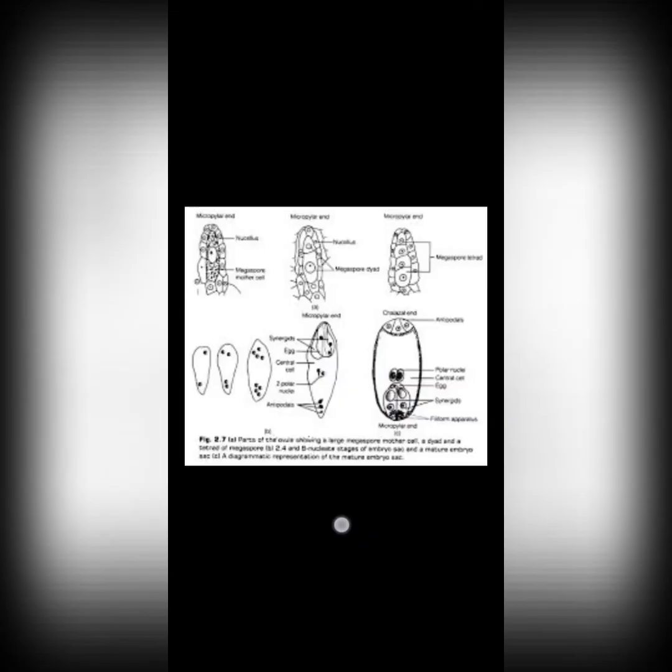The megasporogenesis. The formation of megaspore from the megaspore mother cell is called megasporogenesis. In this process, one of the cells of nucellus near the micropyle in the ovule develops or differentiates into megaspore mother cell containing dense cytoplasm and a prominent nucleus.